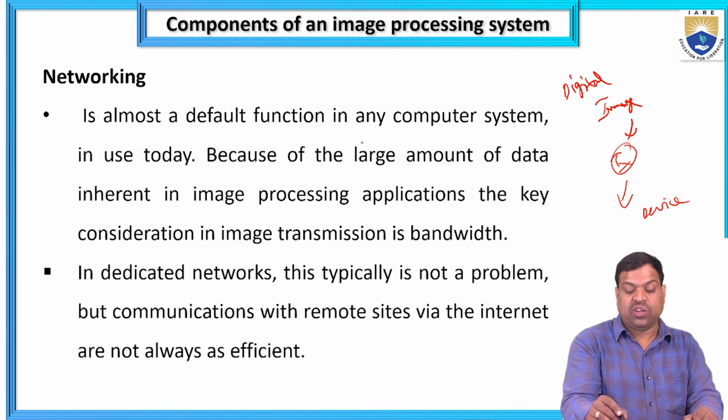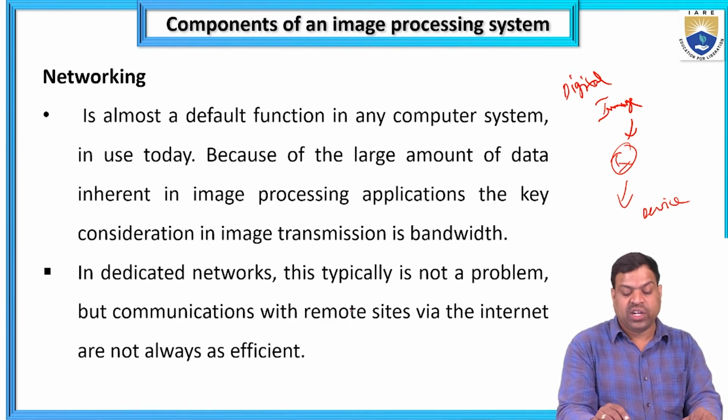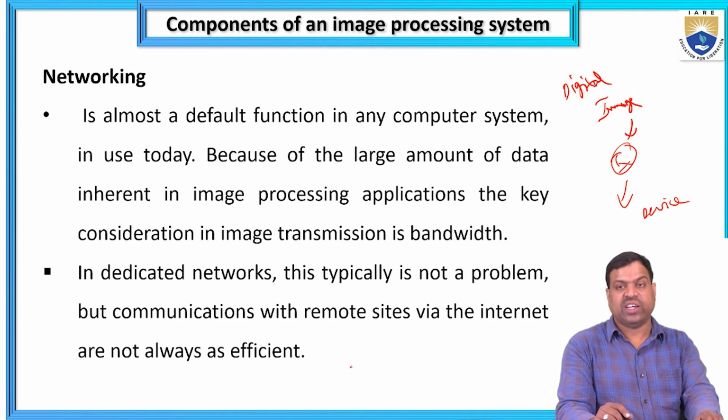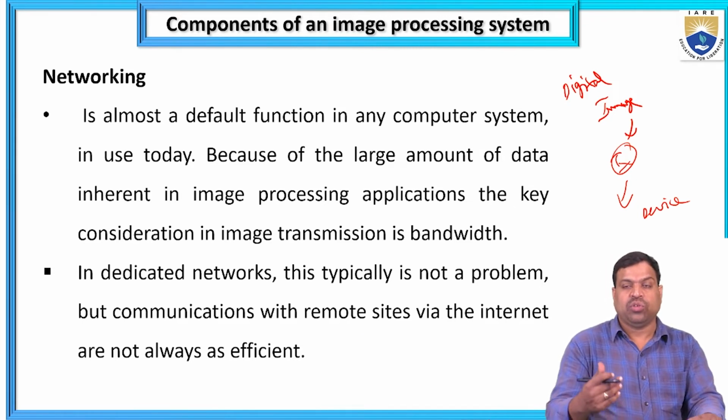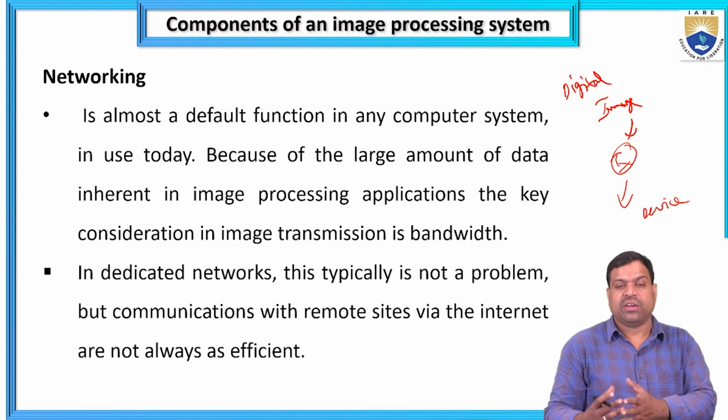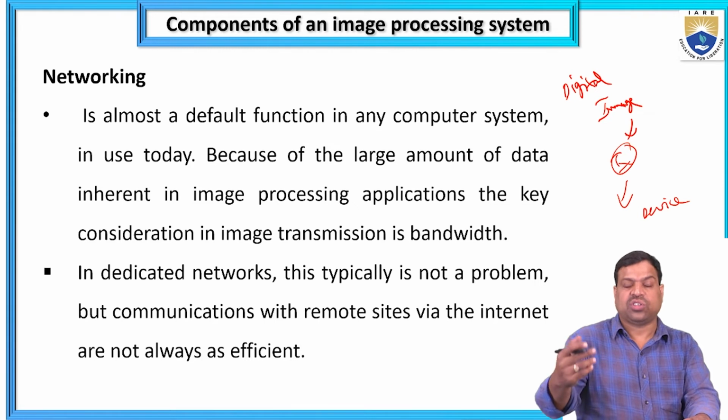It is a default function in any computer system today because of the large amount of data inherent in image processing applications. The key consideration of image transmission is bandwidth. In a dedicated network this typically is not a problem, but with remote sites via the internet it is not always as efficient. Suppose in my mobile phone I have an image. I want to send it to another camera or another mobile phone.